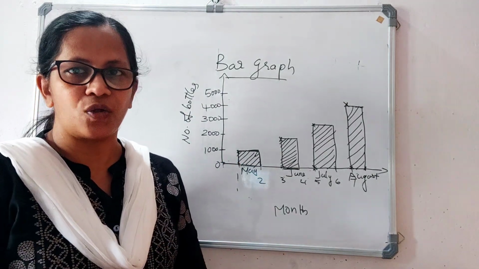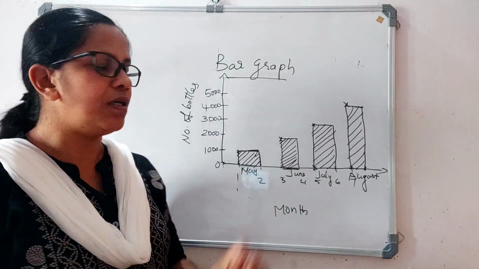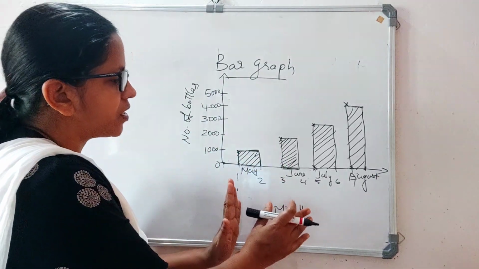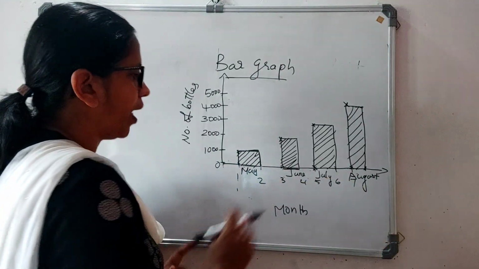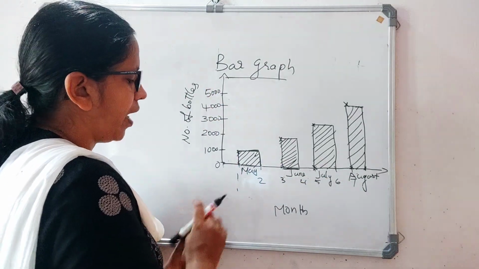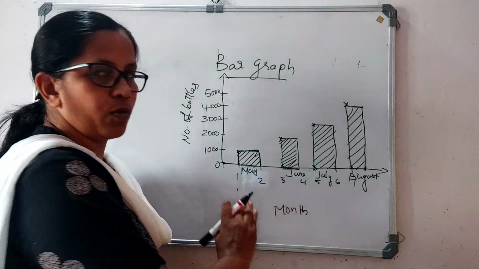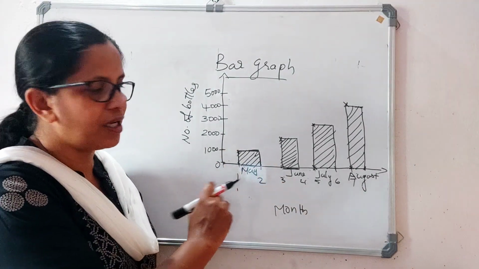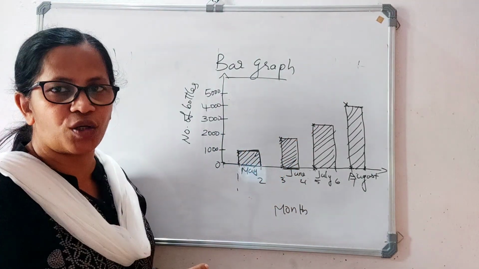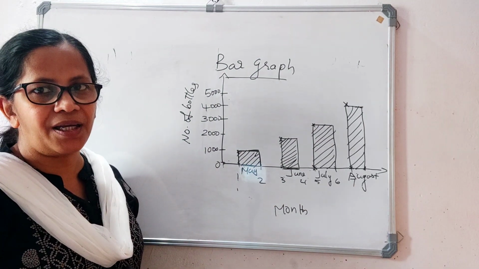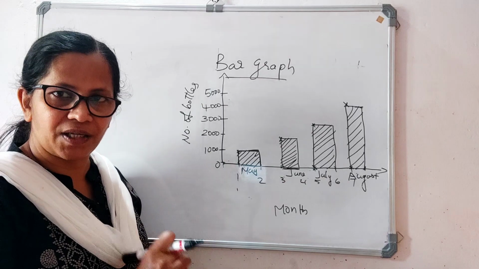Use a scale and pencil to draw the bars. When you represent the information given by drawing a horizontal axis and vertical axis, and representing the given information using bars, it is called a bar graph. Okay, so this is a way to represent it.